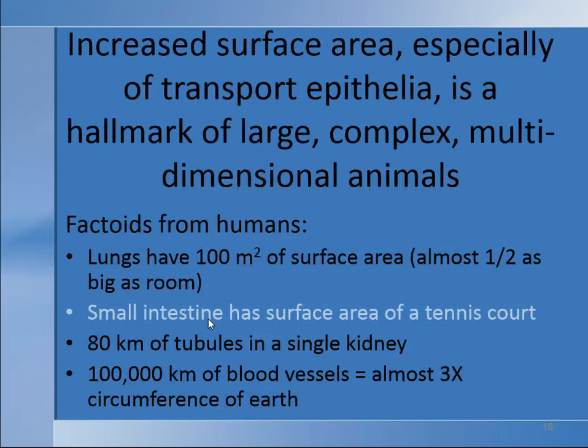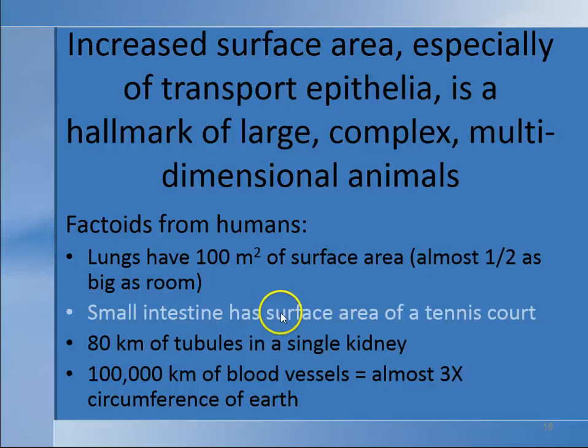Okay, now increased surface area, I just said, was really important, and actually you find it a lot in your large complex animals, and that would be the vertebrates that we're talking about. Lungs have extra surface area, the small intestine has extra surface area, the kidney has extra tubules to get lots of surface area, and then of course your blood vessels, you have about 100,000 kilometers of blood vessels in your body, and that's because you also need the surface area for gas exchange and nutrient absorption into the cells surrounding the blood vessels.